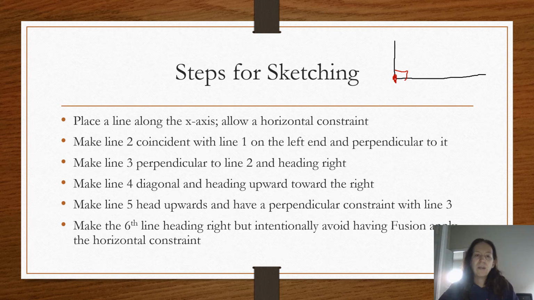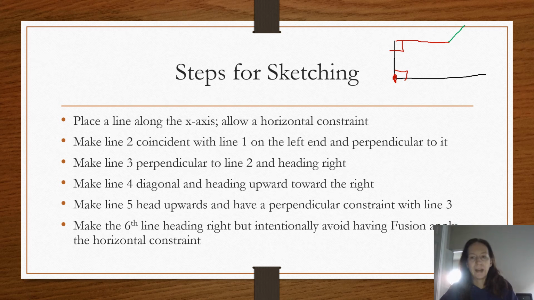Make line 3 perpendicular to line 2 and heading to the right. That just means I want the line going that way and not like that way. We want it heading to the right so we can make our sketch. Make a line 4 diagonal and heading upward to the right. So something like this. It doesn't specify the angle.